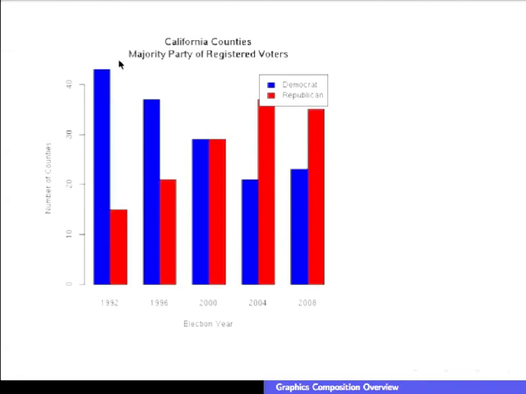The y-axis is now labeled number of counties, and the title is still California Counties Majority Party of Registered Voters. Okay? It's a slightly confusing concept. Why is this a slightly confusing concept?